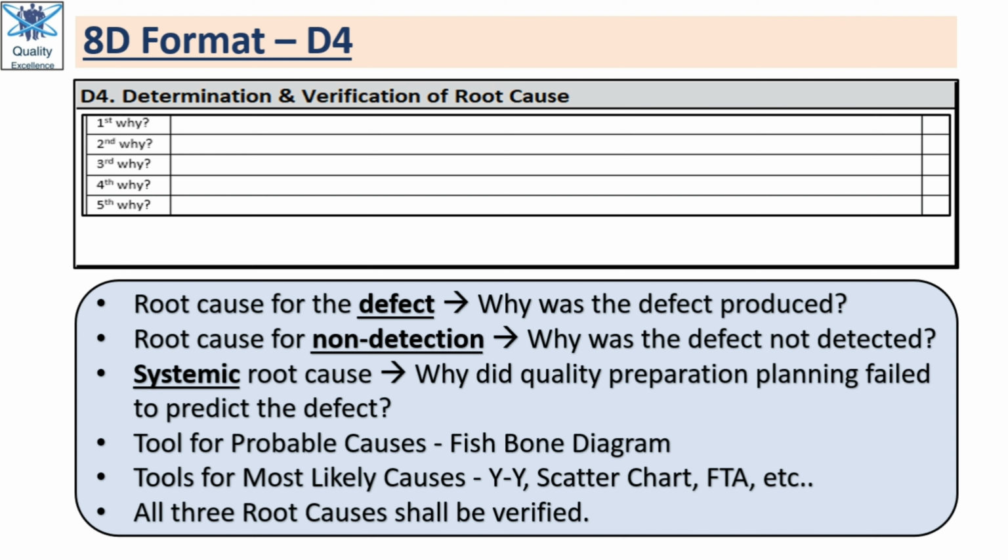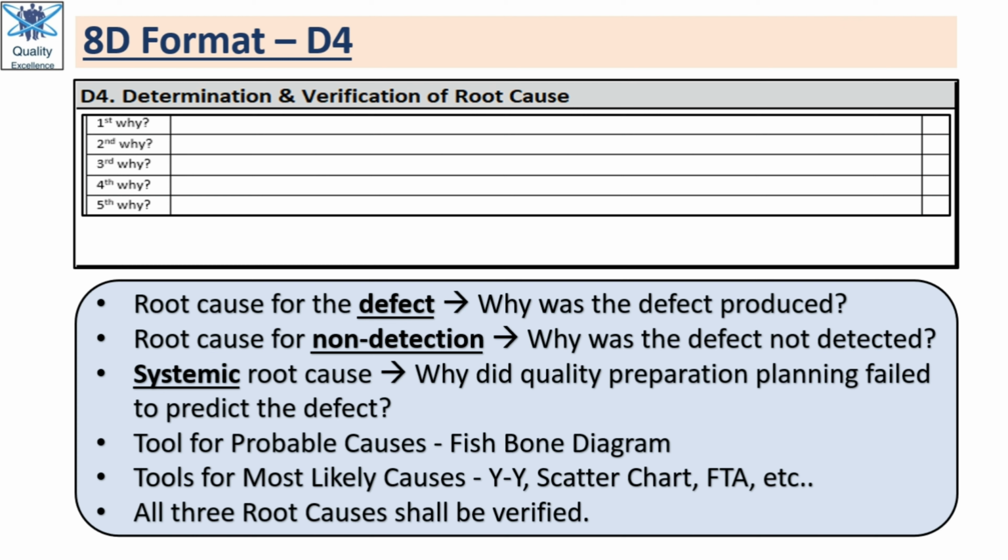So this 5Y you can use for probable causes. If you want to find probable causes, then you can use a fishbone diagram where you can list out probable causes for all three: for defect separate, non-detection separate, and for system separate.